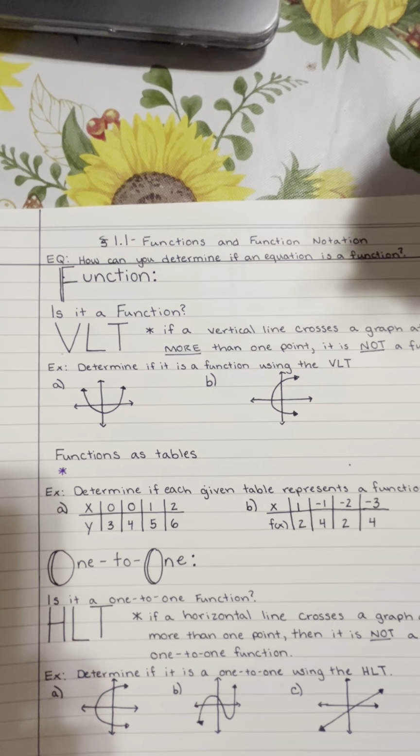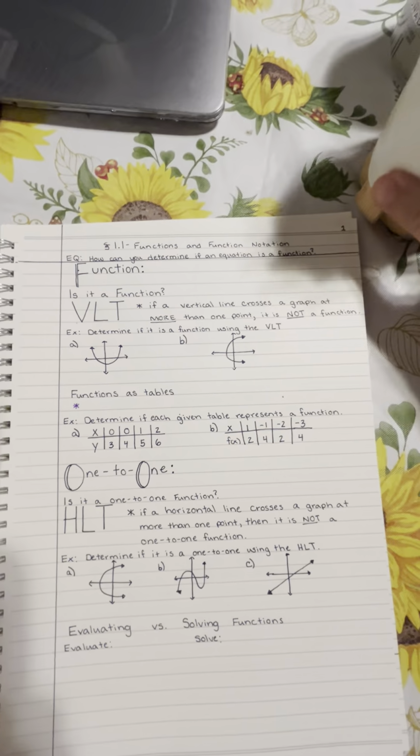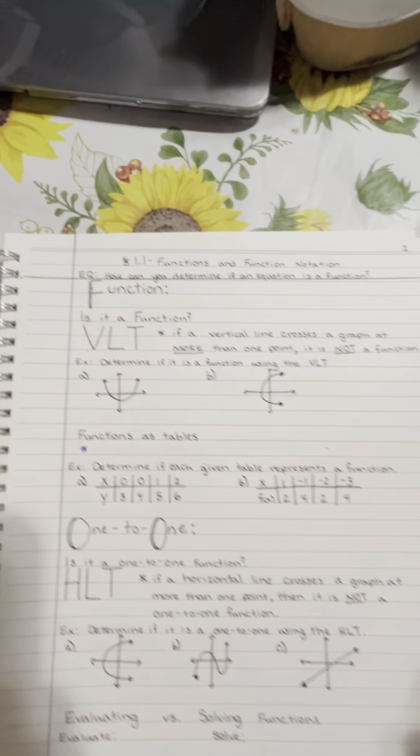All right, so first thing we're going to do is talk about a function. What is a function? Now, I had some of you in 8th grade, we actually learned what a function is, and it hasn't changed.